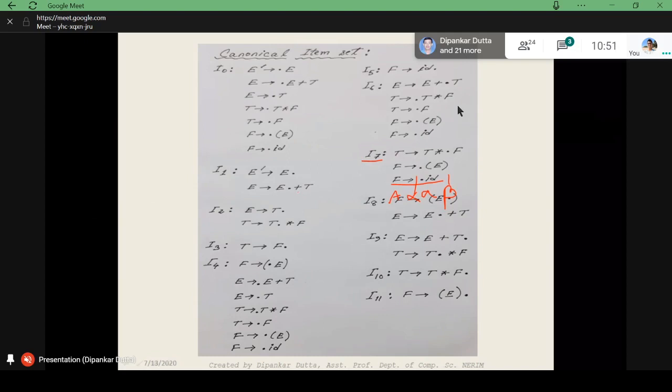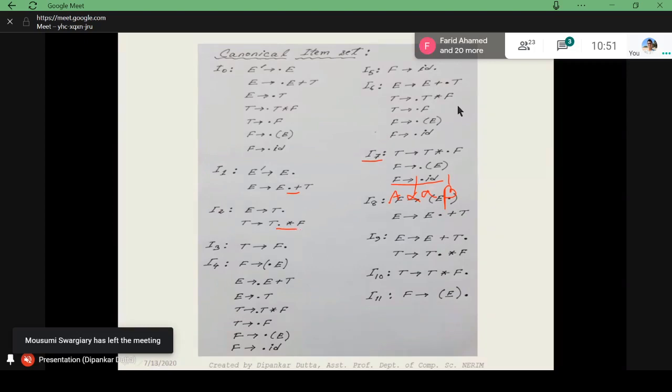Here also dot followed by plus, here dot followed by star. So lots of productions are there. I consider I7. Now in I7, A implies alpha dot A beta. Beta null, alpha null, A is ID. So what production do we need again?